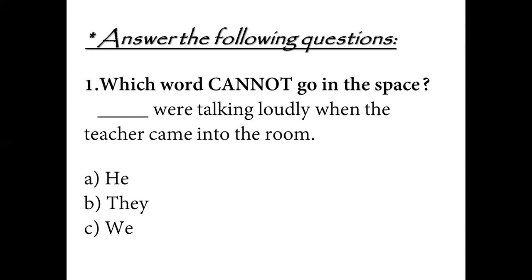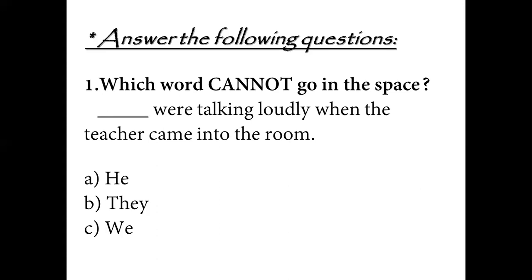Okay, let's take these questions question by question and answer them together. Which word cannot go in the space? Which word cannot go in the space? Space, we're talking loudly when the teacher came into the room. Is it A, B, or C?